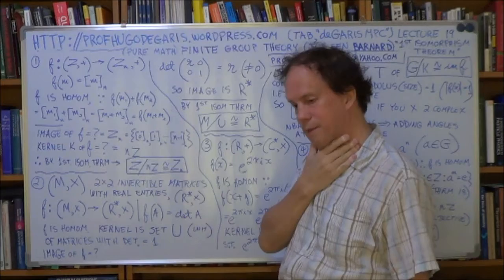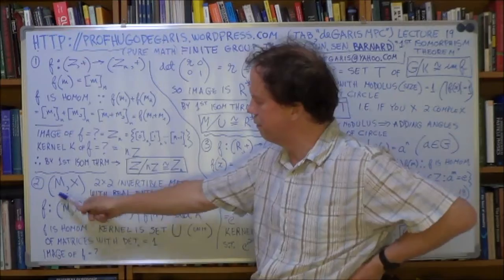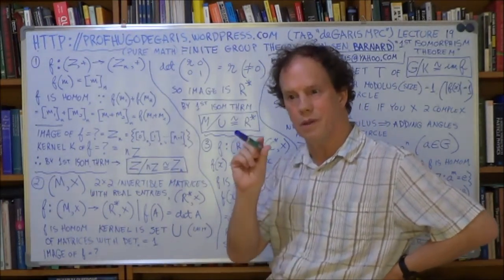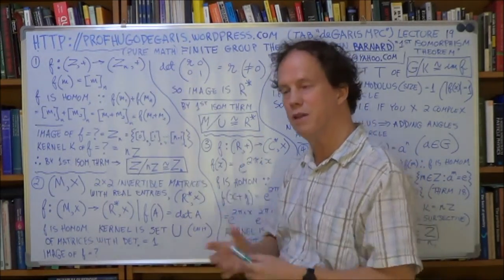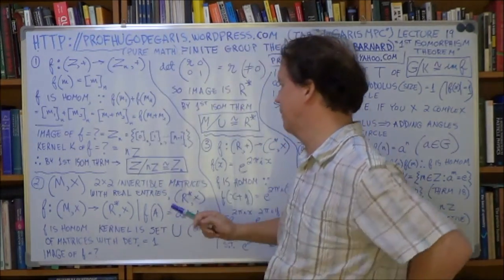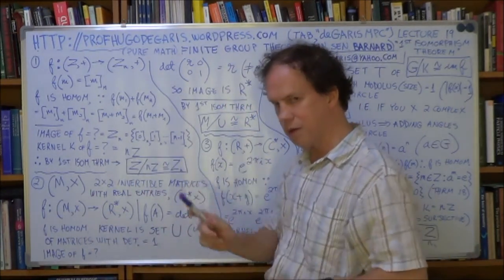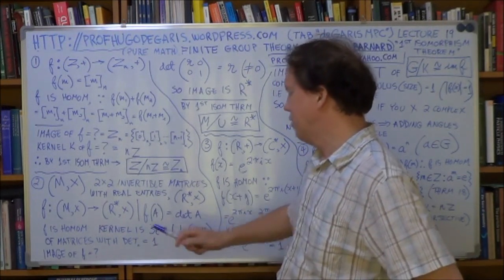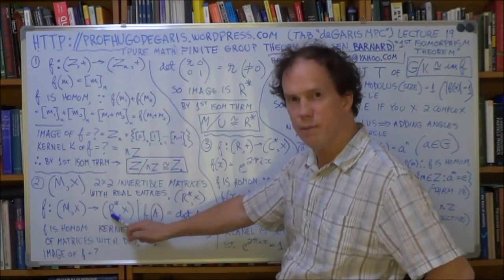Invertible means that you can find the inverse of a matrix belonging to this group, and that matrix's determinant will be non-zero. That's a condition for a matrix to be inverted, so that you can find M to the -1. And the entries, the values in the matrix, are real numbers. They're with real entries. And you're mapping matrices to non-zero real numbers.